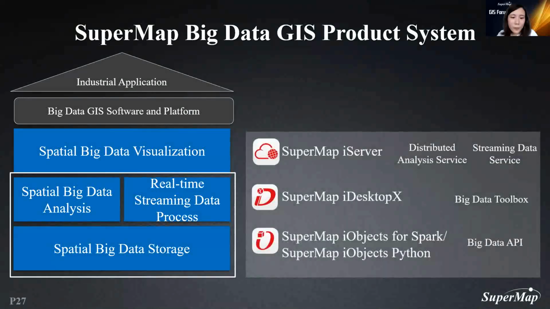Firstly, for storage, analysis and streaming data processing, we could use iObjects and get some big data API for secondary development, and also use iDesktop X, and we could get some toolboxes in this desktop client product. And iServer provides some distributed analysis services and streaming data processing services.